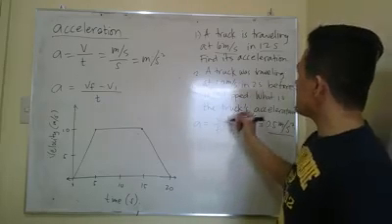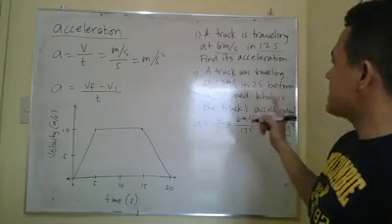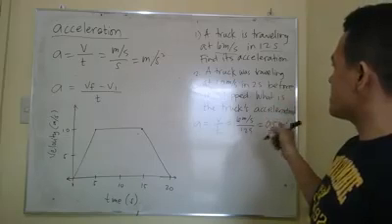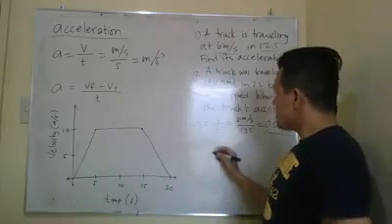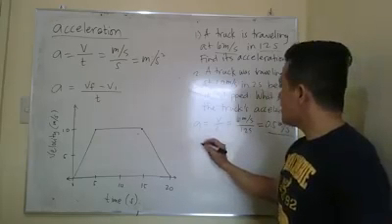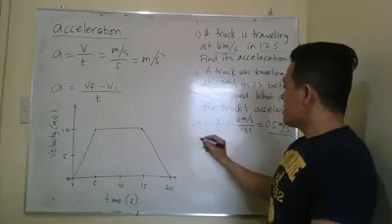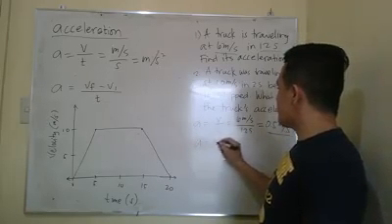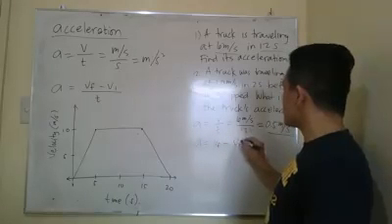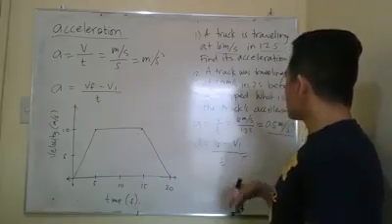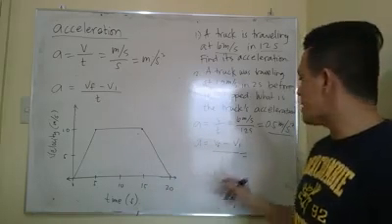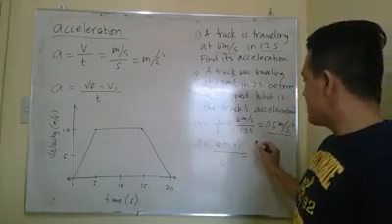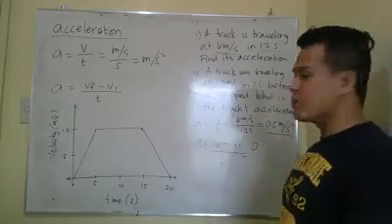Second one: the truck was traveling at 10 meters per second in 2 seconds before it stopped. What is the truck's acceleration? Acceleration is equal to final velocity minus the initial velocity over time. Our final velocity is when the truck stops, and the velocity of the truck at that moment is 0 because it stopped, so it has no speed.